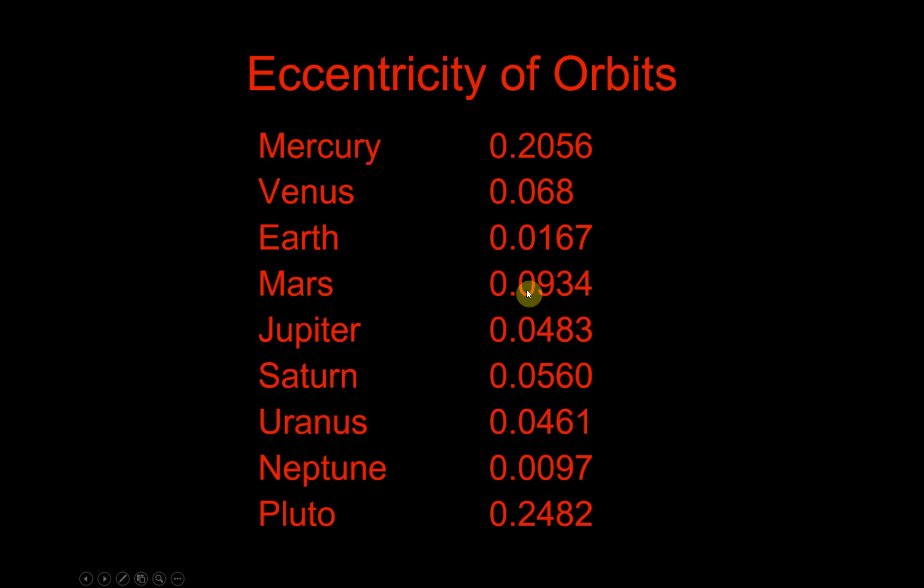This is quite an elliptical orbit for this body. Jupiter, not too bad. Saturn again, Uranus. Neptune, very well behaved. And Pluto, again, this is a bit of an outlier because Pluto is actually quite an inclined orbit and quite an eccentric orbit. One of the reasons Pluto has been kicked out of the Planet Club of late.